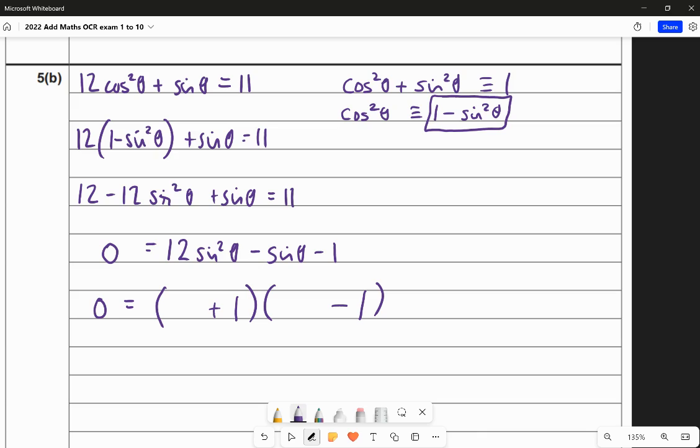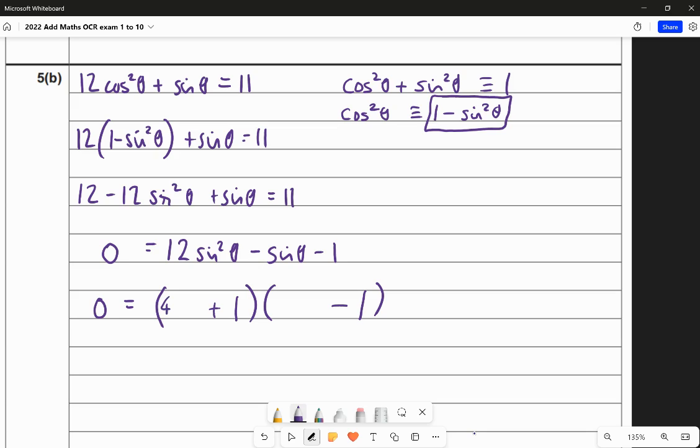I mean, it might be more complicated than that, but it's likeliest to be that because I want to just focus on whole numbers if possible, if I can factorize. If I can't factorize, then I can use other methods like the quadratic formula, but I'll try and factorize first. In order to combine to make negative sine theta, it's likely not to be 12 sine theta and sine theta. It's more likely to be the things which are 1 apart.